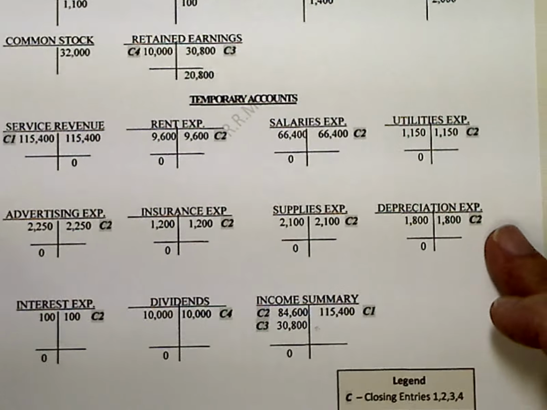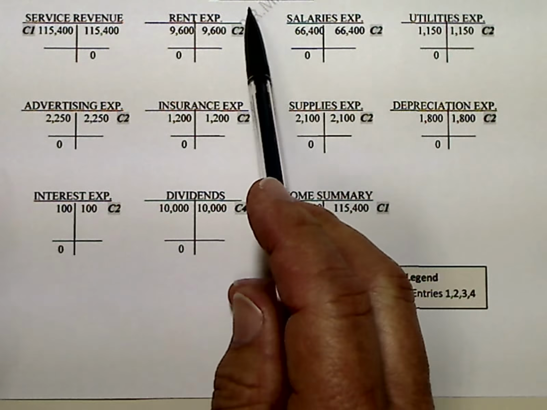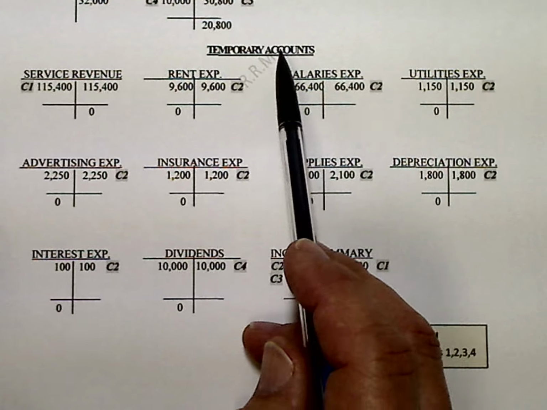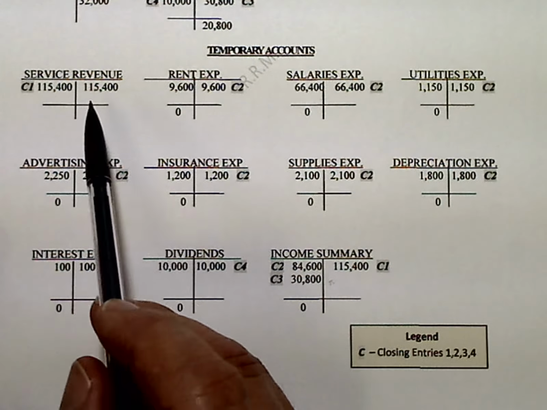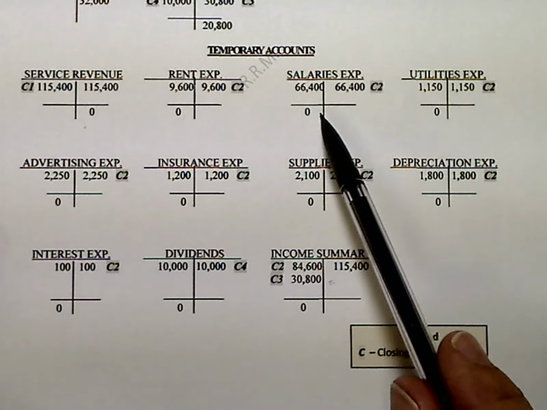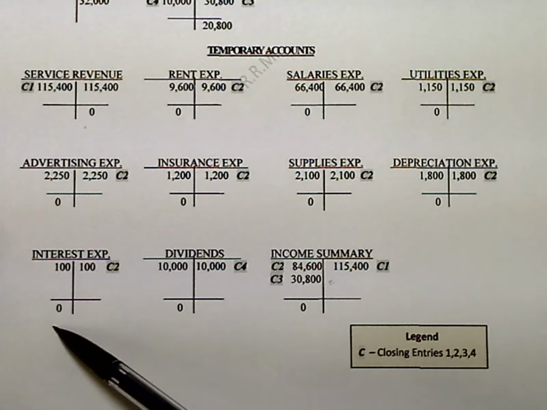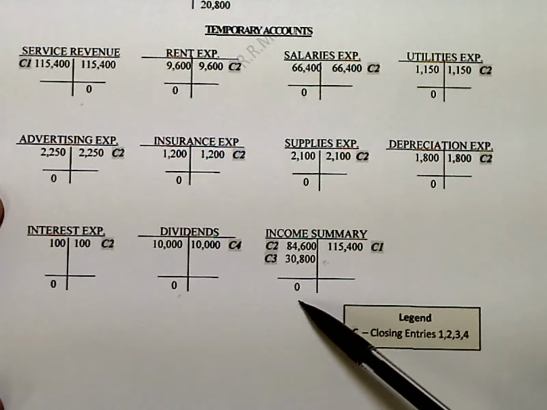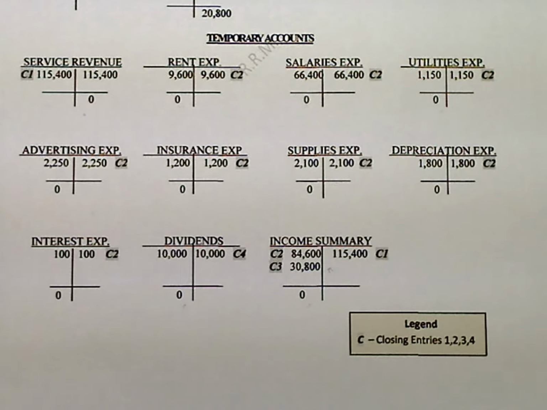Most of our activity is happening right here, what we call the temporary accounts. These are the accounts we want to zero out. Every one of them better be zero or there's a problem. Service revenue, zero. Rent expense, zero. Zero, zero. Each one of these accounts, including Income Summary, has been zeroed out.